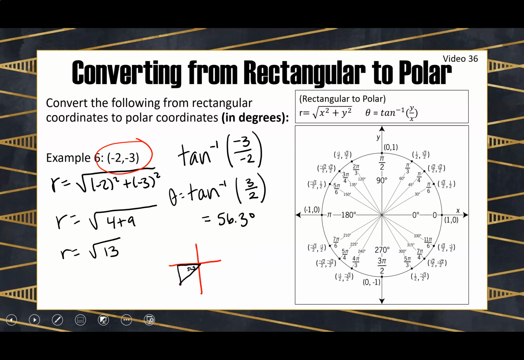So that means you're really 180 degrees, which is this right here, plus that 56.3 right there. So it's going to be plus 56.3. And that gives me 236.31 degrees.